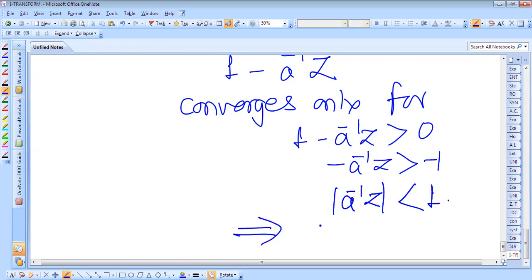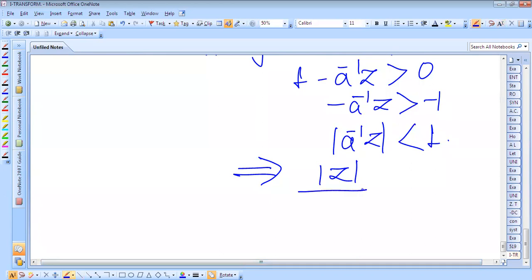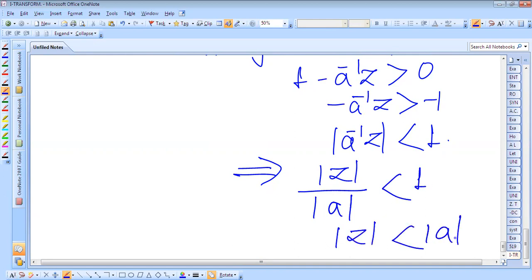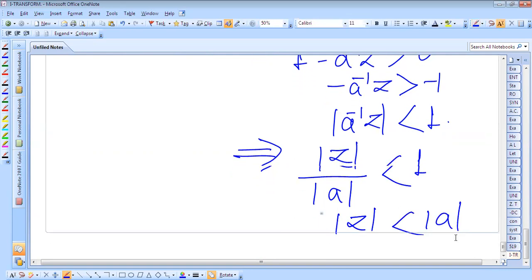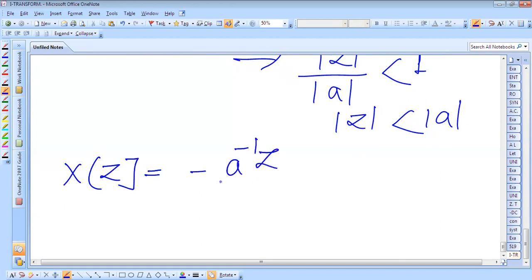It is the magnitude of z upon magnitude of a that should be less than 1, and therefore magnitude of z is less than magnitude of a. Okay, so X of z is equal to minus a raised to power minus 1 z divided by 1 minus a raised to power minus 1 z.